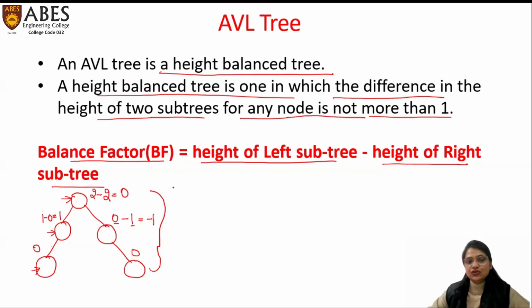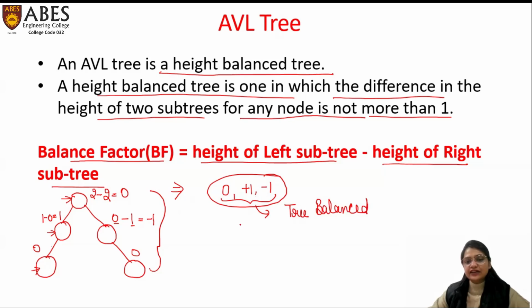If I want to know whether a particular AVL tree is balanced or not, only 3 values are allowed: 0, plus 1, and minus 1. If the balance factor of each node lies among these values, then we can say our tree is balanced.